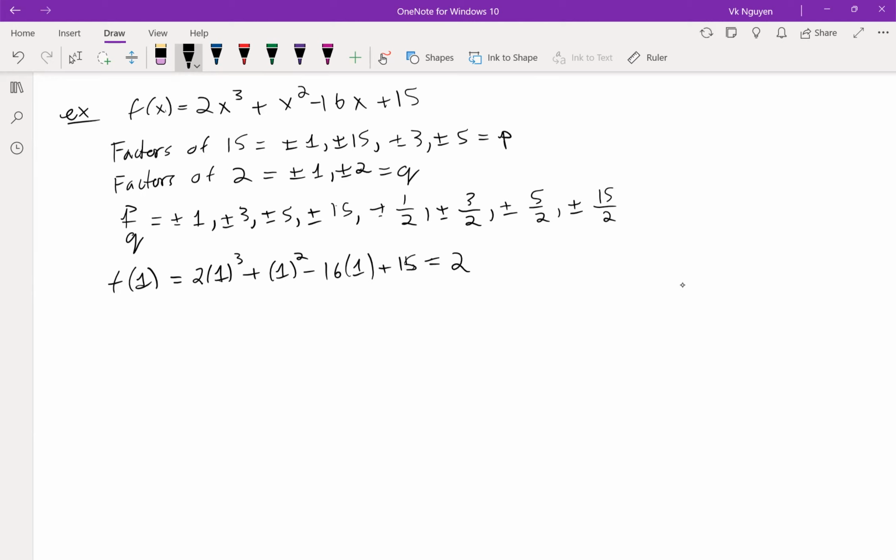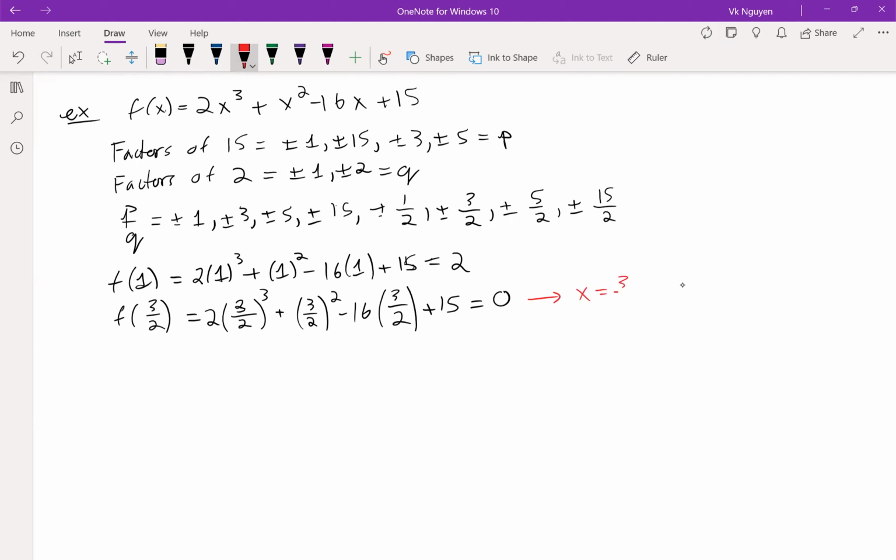This gives us 2. f of 3 over 2, 2 times 3 over 2 to the power 3 plus 3 over 2 squared minus 16 times 3 over 2 plus 15. If you use the calculator, this will be 0. It means that x equals 3 over 2 is a zero.